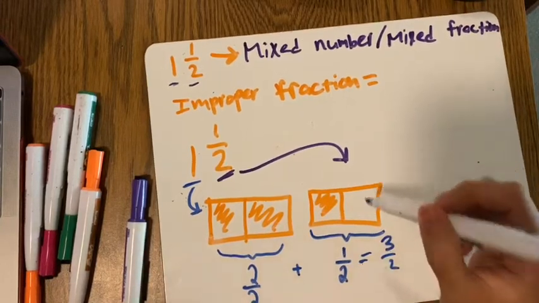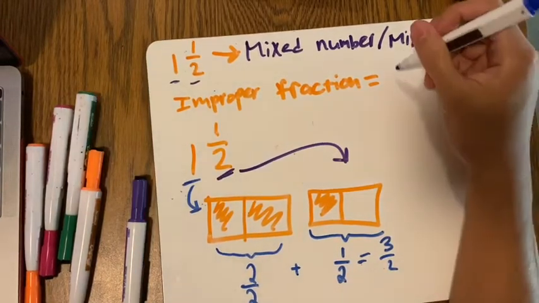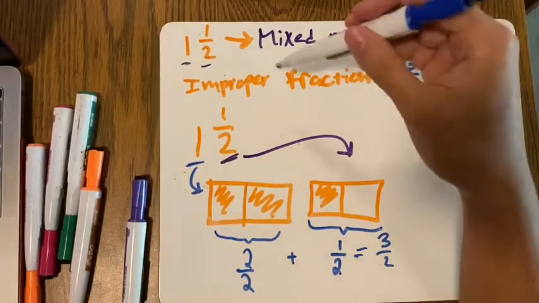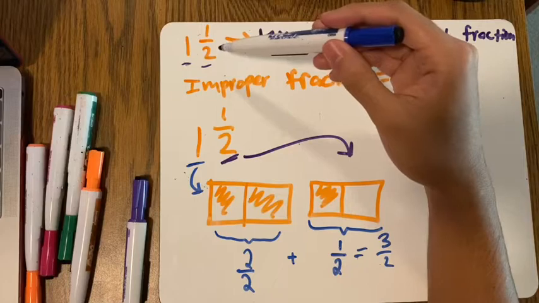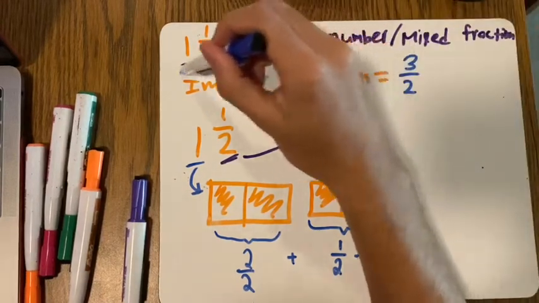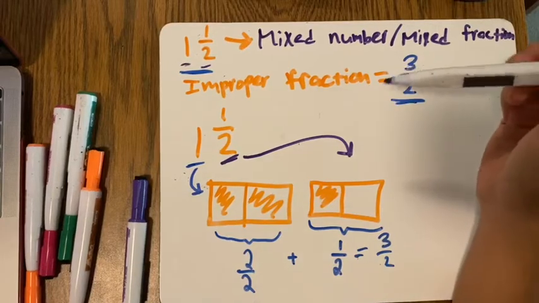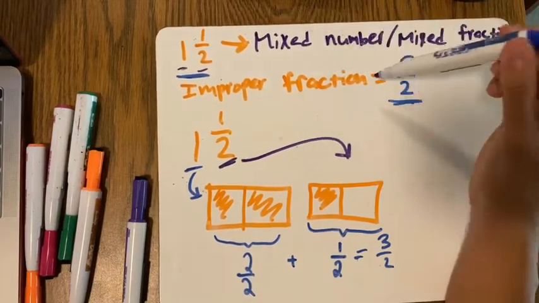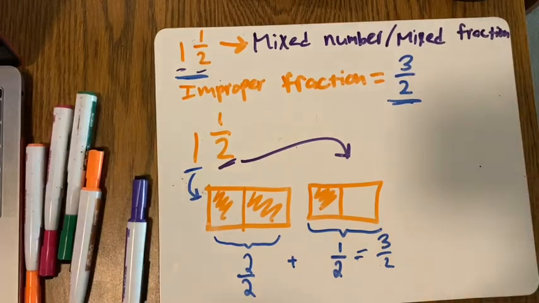So my improper fraction is 3/2. That just means that 1 whole and 1/2 is the same thing as 3/2. These two are the same thing. There's just 2 different ways of writing them, okay?